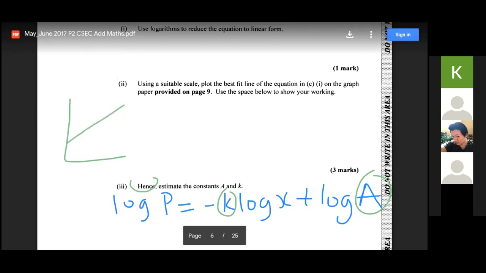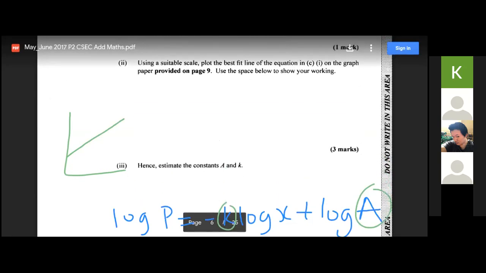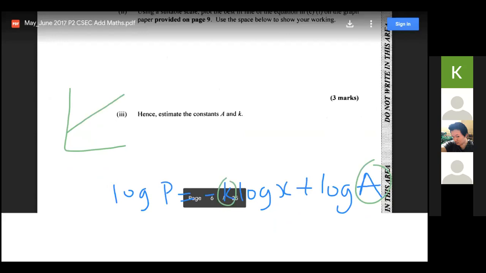They want you to use the graph to identify what k and what a is. Anybody has any idea what we would do to find k and a? Going once. How would you find k and a? Or a and k?